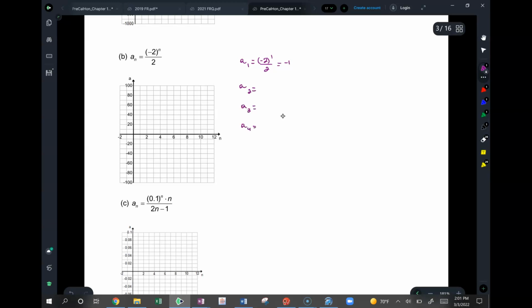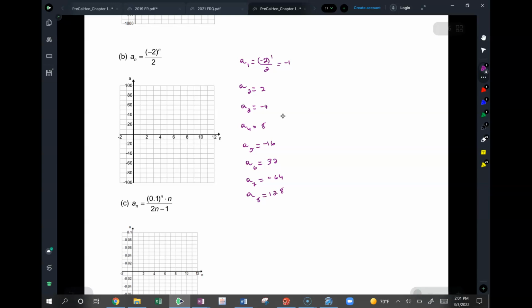Then it's negative 4. Then it's 8. A sub 5 is negative 16. Sixth one, 32. Seventh one, negative 64. Eighth one, 128.